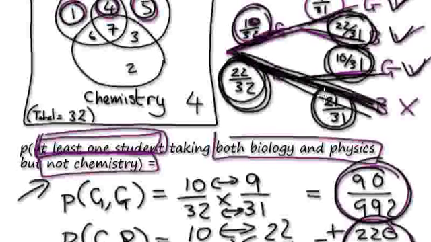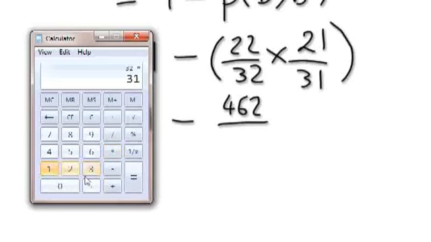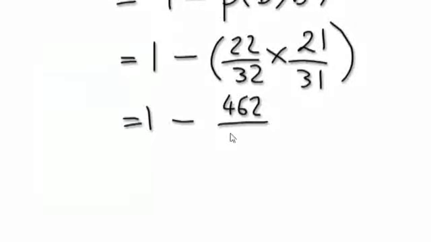Jump to a calculator. 22 times 21 equals 462, over 32 times 31, which equals 992.